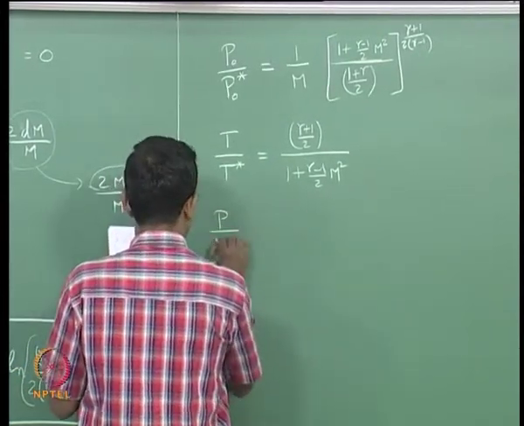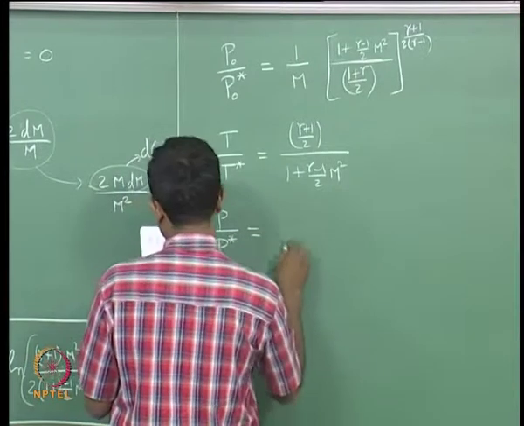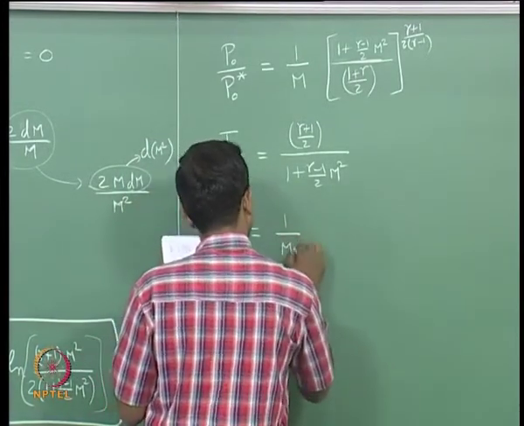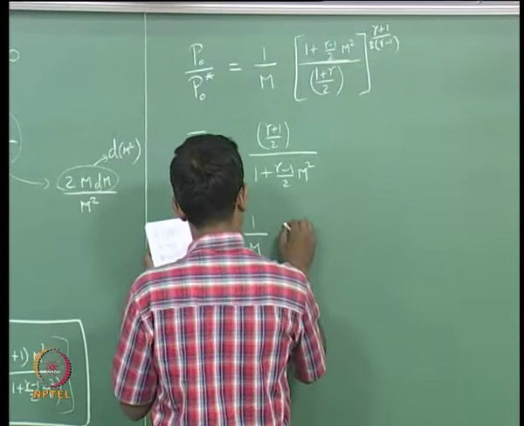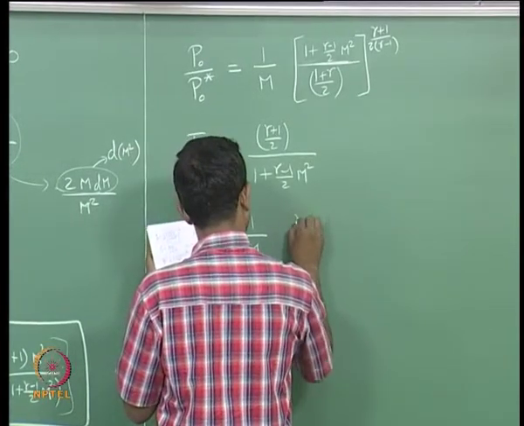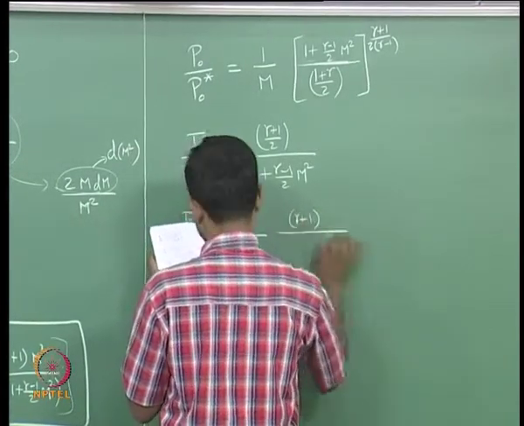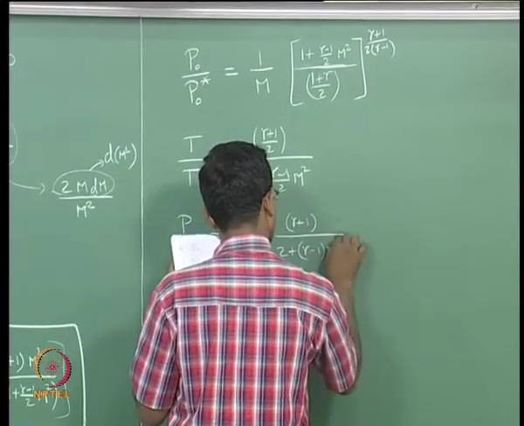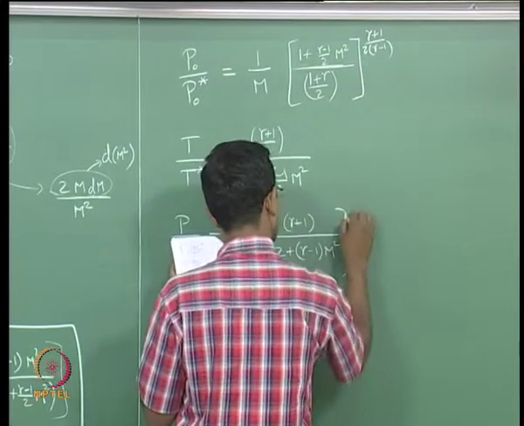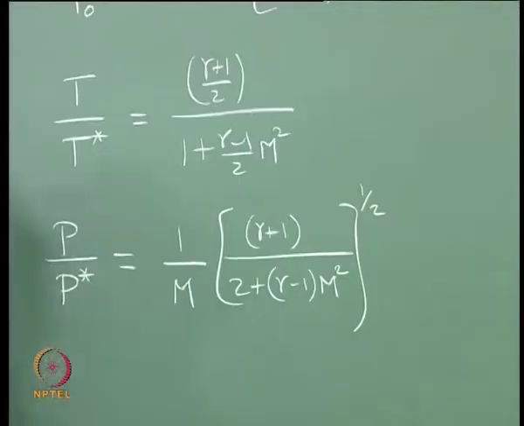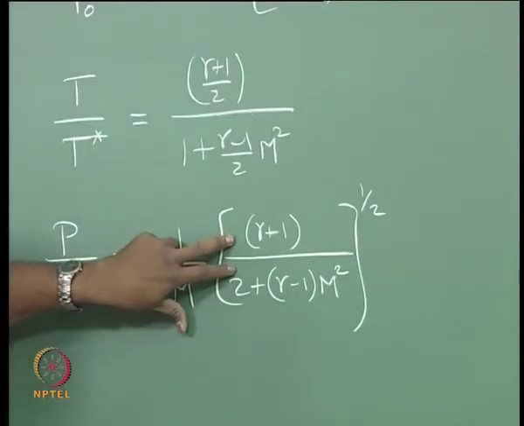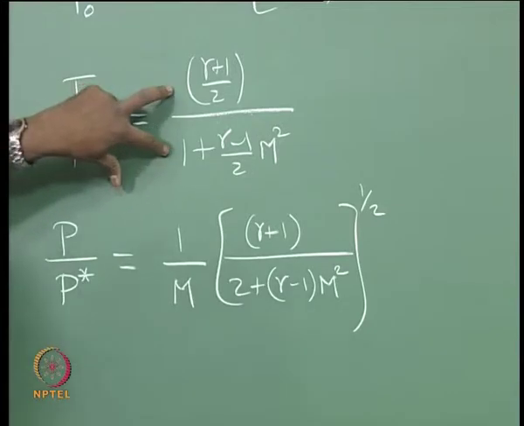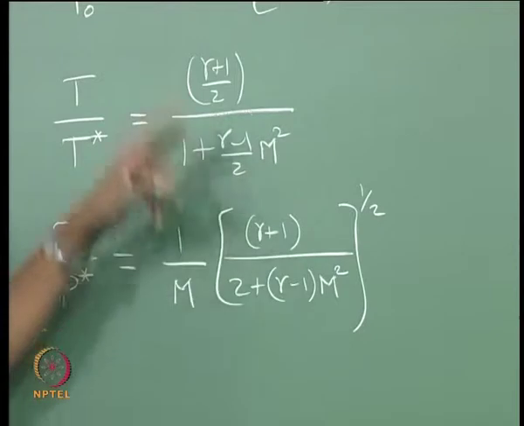P by P star, by the way, is a similar expression as this one. I just multiplied the numerator and denominator by 2 to get to this form. It looks simpler than the previous one.